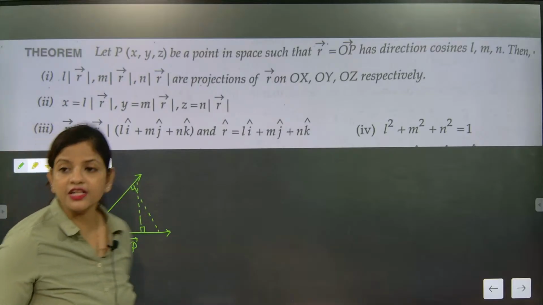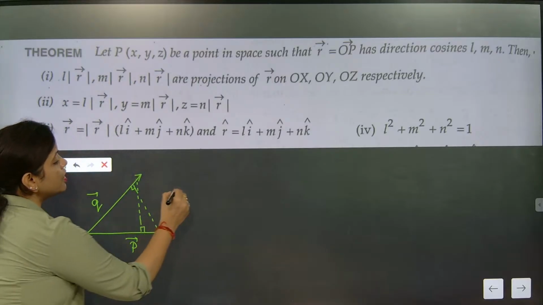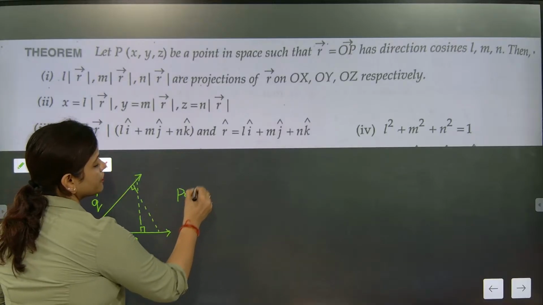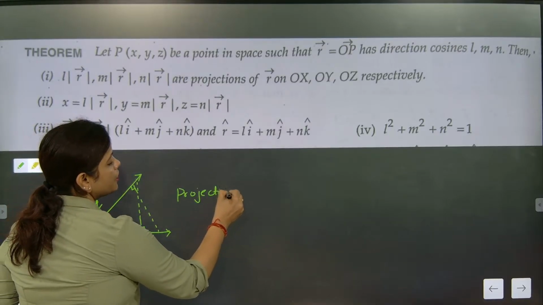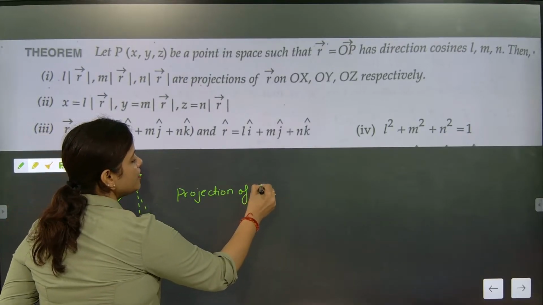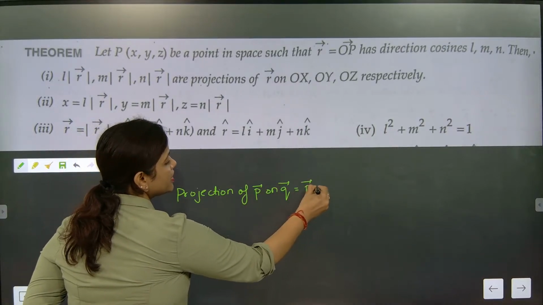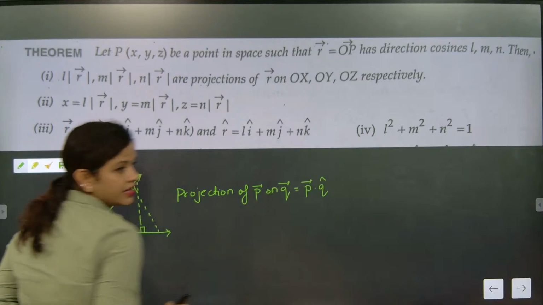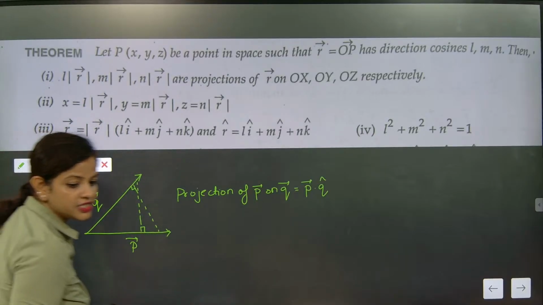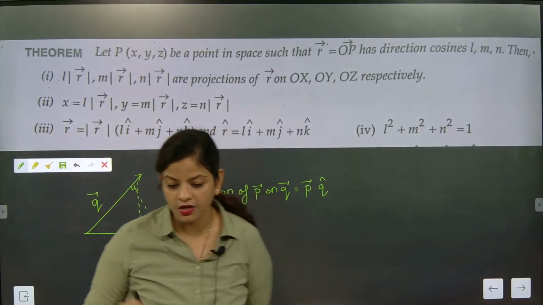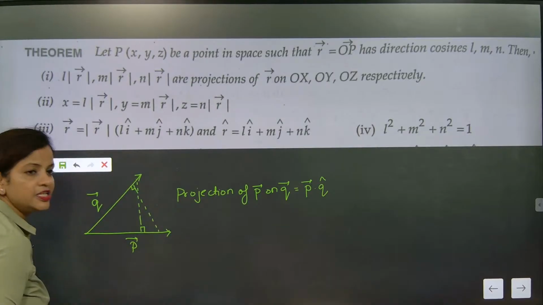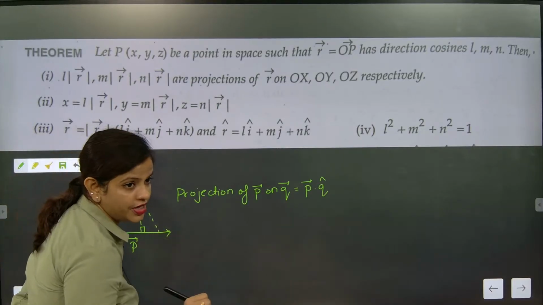So how are we writing the projection? Yesterday I talked about it. The projection of P vector on Q vector is written as P vector dot Q unit vector. Do you remember? Yesterday I discussed that the projection of P vector on Q vector is P vector dot Q unit vector.